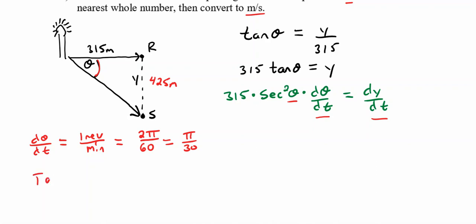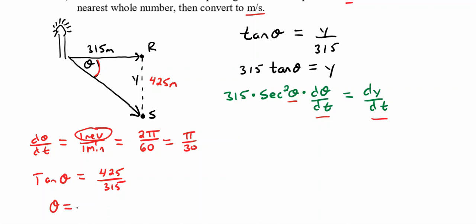That'd be tan theta equal to 425 over 315. Wait, so where'd the 2 pi over 60 come from? So 1 revolution on the unit circle is 2 pi. Oh, okay, right. So I just replaced 1 revolution with 2 pi. Yeah, and then 60 was just to change it to seconds, because 1 minute is 60 seconds.